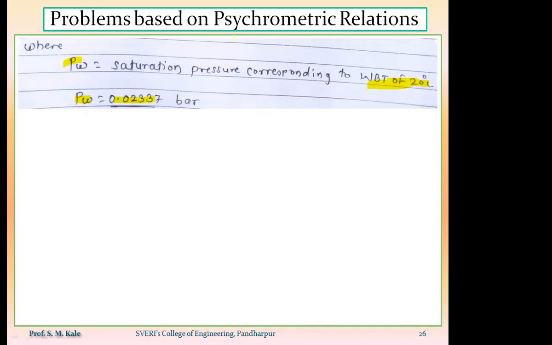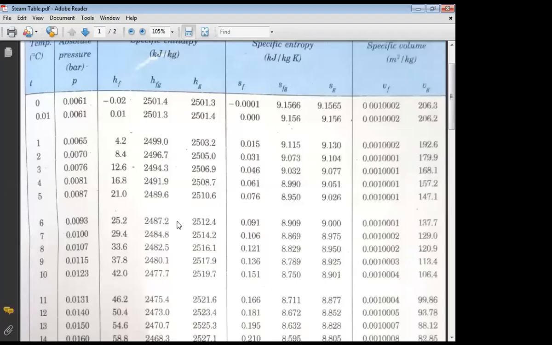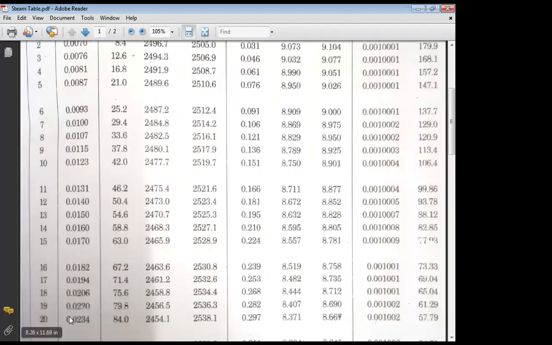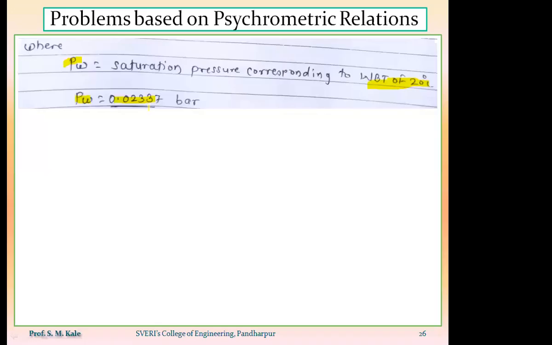If we look at the steam table, the corresponding pressure is 0.0234 bar. So this is the value of PW.